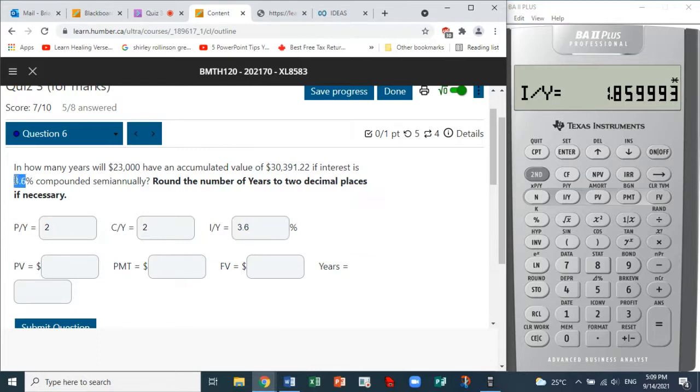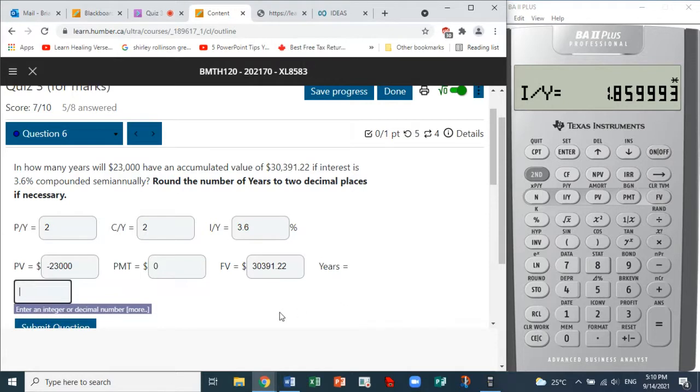Present value is $23,000, so we put that in as negative 23,000. Payment we know is 0. Future value is 30,391.22, and now we have to calculate the number of years.